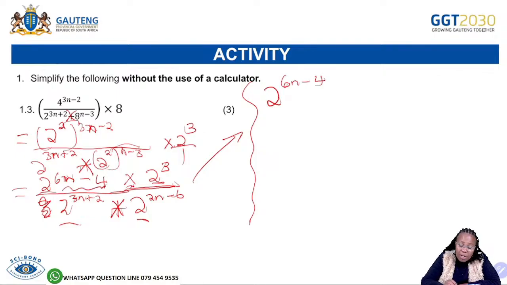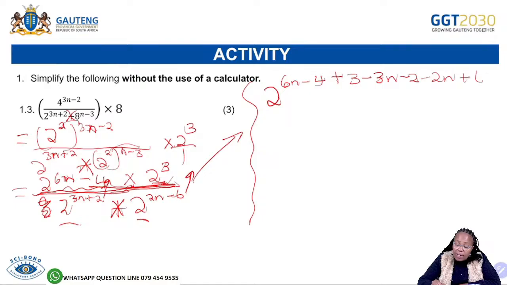And then since we are multiplying, we'll add the next exponent, that is 3. And then on the denominator, because of this division line, when we move these exponents up, they will change their sign. That means 3n will be minus 3n, 2 will be minus 2, 2n will be minus 2n, minus 6 will be plus 6 there.